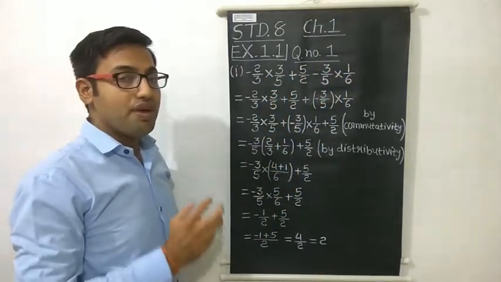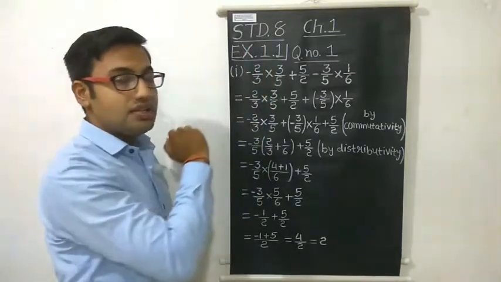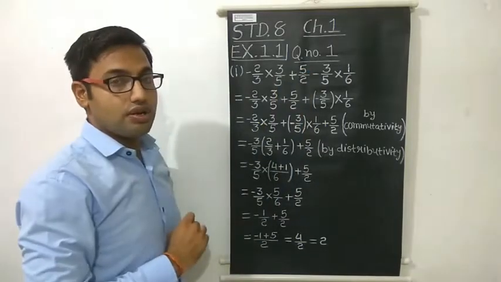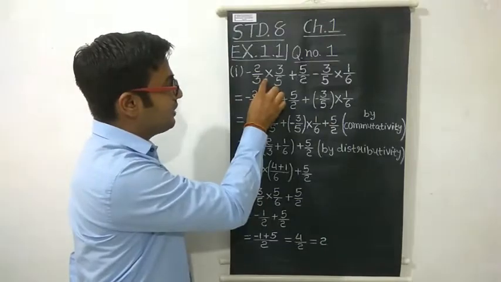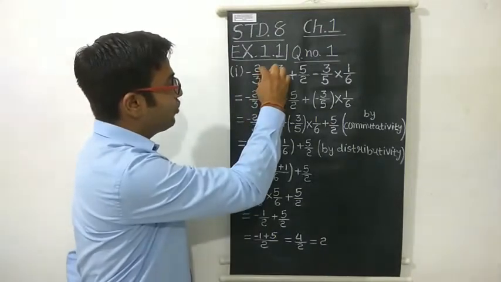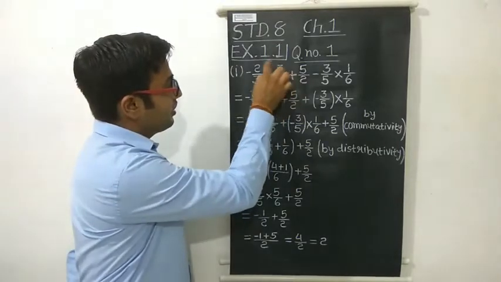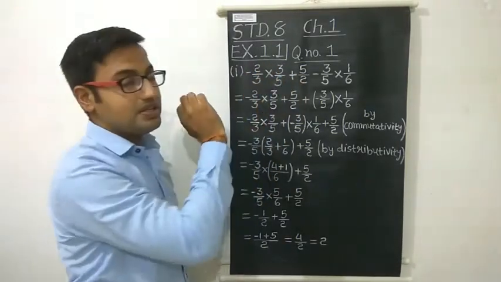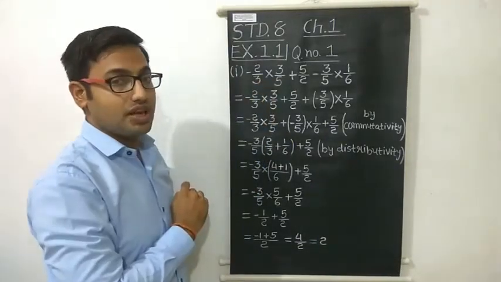Now you may ask why only 2 upon 3 is not a term, and why 3 upon 5 is not a term. It is not a term because there is a multiplication sign between 2 upon 3 and 3 upon 5. So this combination of two numbers is one term, because there is a multiplication sign.